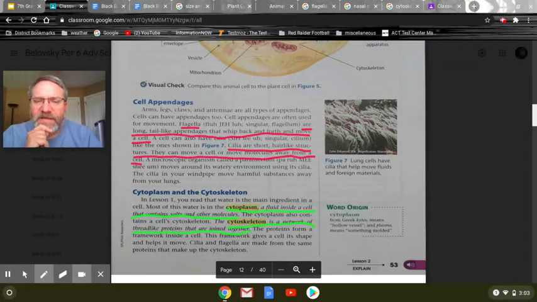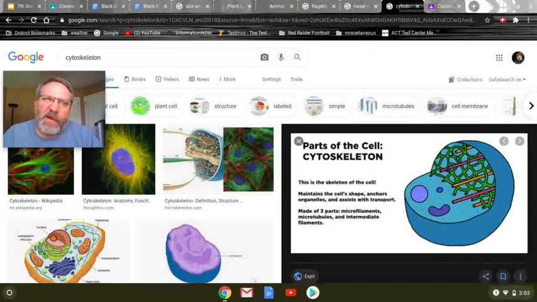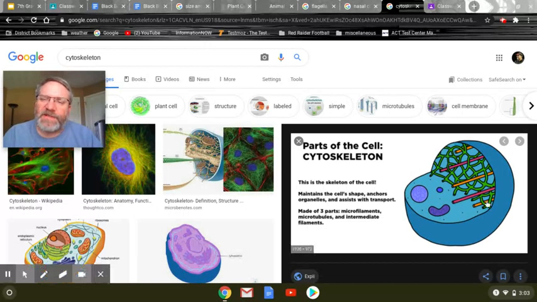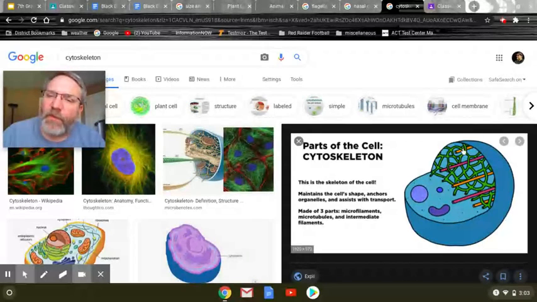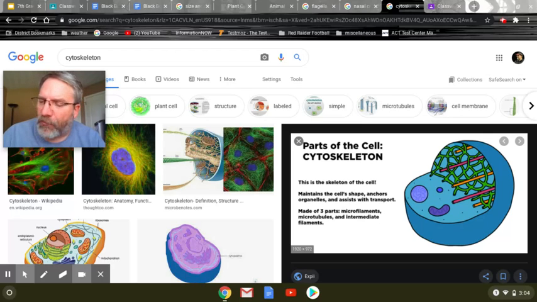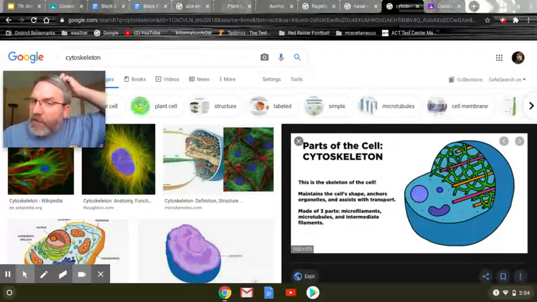Okay, so you've got it typed in. What is a cytoskeleton? Here is a very bad, hand-drawn picture that kind of shows you what the cytoskeleton does. The green, the red, and the orange show that this is a network of proteins and other things that help to support the cell, and it is called the cytoskeleton.